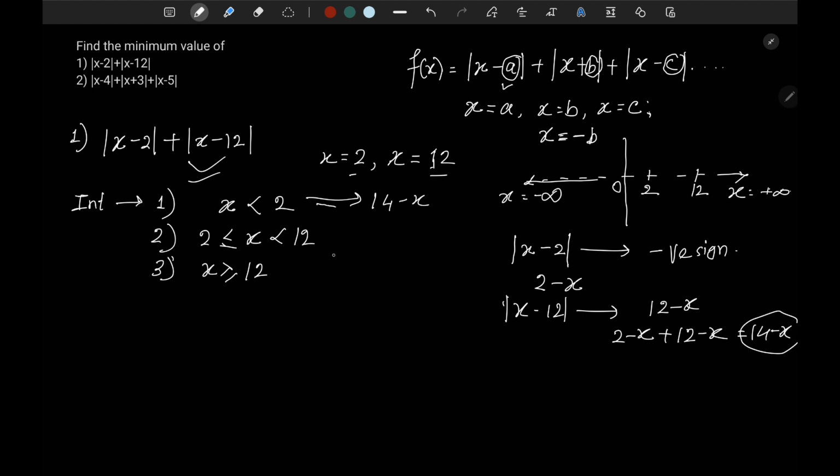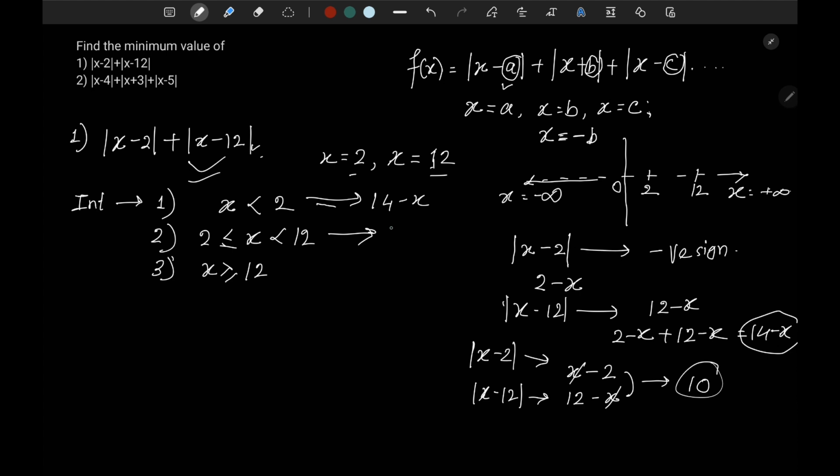The modulus of x minus 2 opens as positive, so that will be x minus 2, and x minus 12 becomes negative because x is less than 12, so it becomes 12 minus x. If you add these two up, x gets cancelled out and this is 10. So within 2 and 12, the value of this function is always 10.